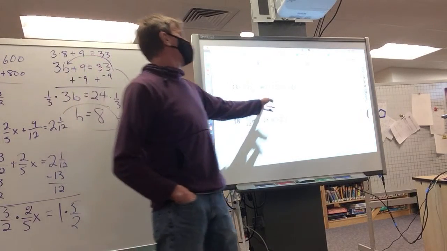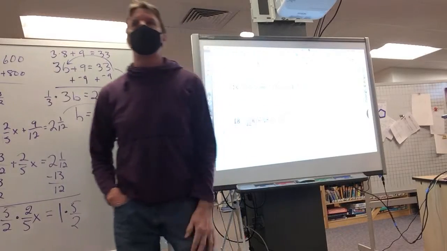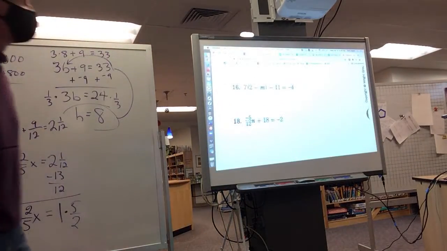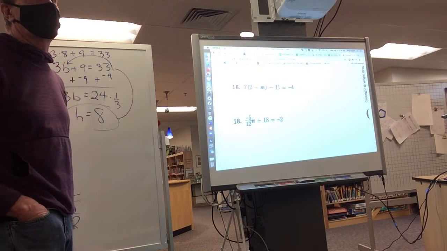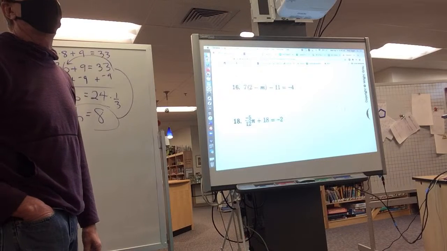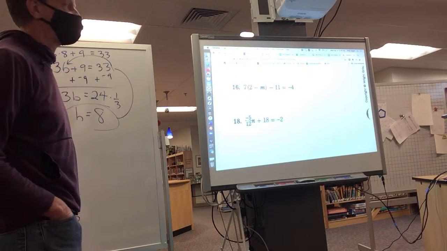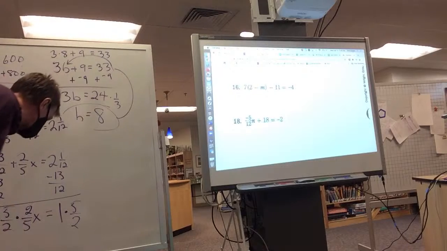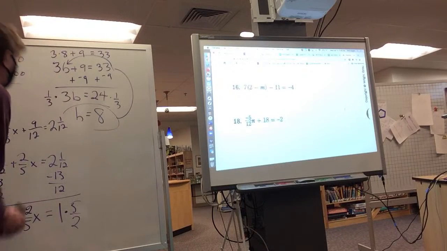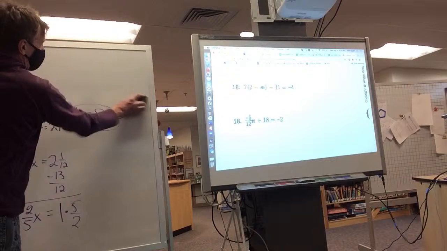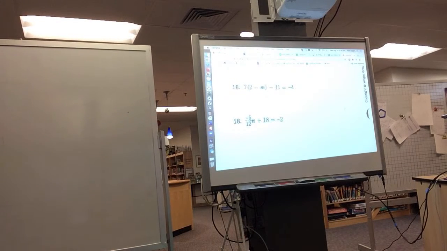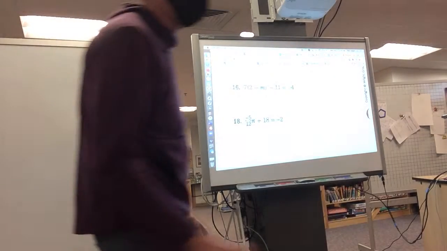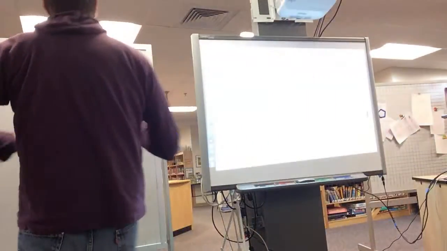But you could also add 11 to both sides first. This is an interesting problem. You should write it out. I see you have a pencil in your hand. This is good. This is an interesting problem because a lot of people want to, even in my higher level classes, go and remove the parentheses and everything. And you don't have to all the time. Sometimes you can get away with something else. Let me write it on the board here.